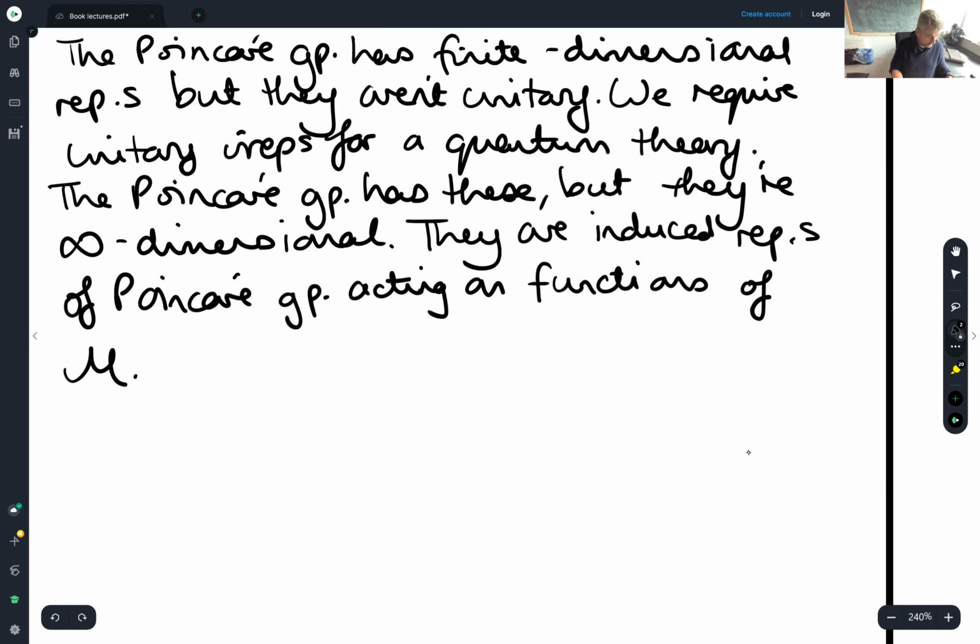So we have this Minkowski space, it's really 1 plus 3, I guess. The parameters that parameterize it we might call x mu, for instance.